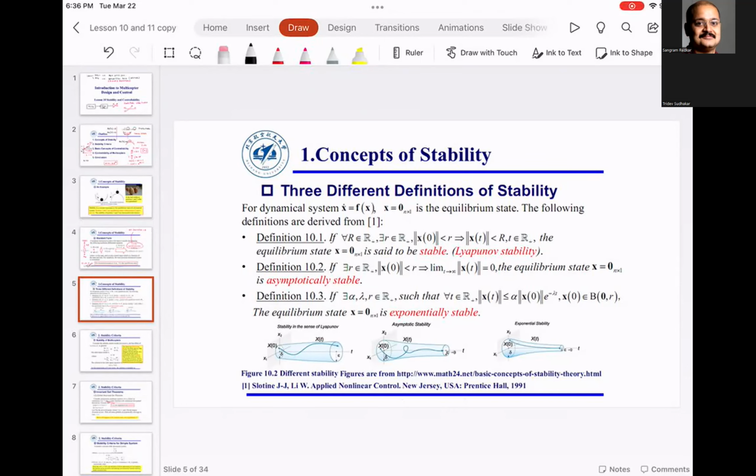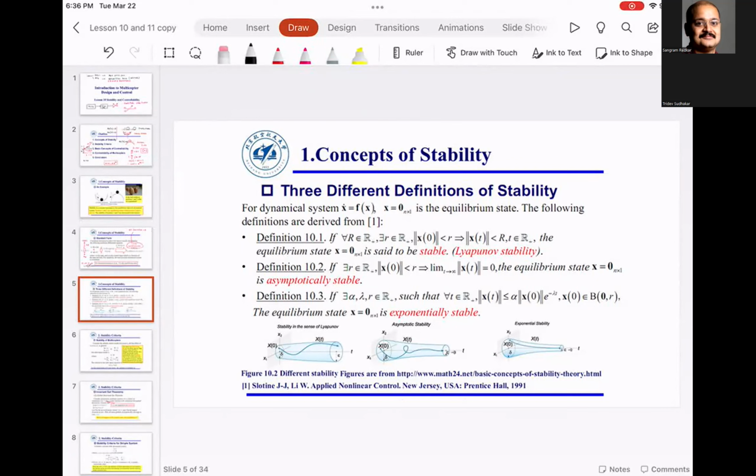If that energy function is neither increasing nor decreasing, then it's going to remain stable. If the energy is going to drop down, then the system is going to become asymptotically stable. Everyone understood this? These are the mathematical definitions of stability, instability, and asymptotic stability.